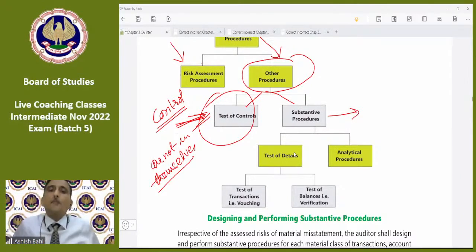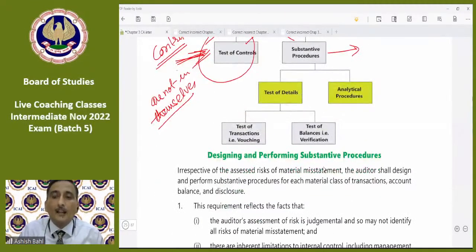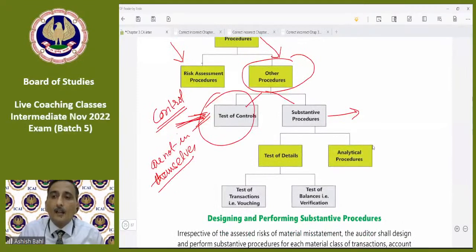So substantive procedures are also not sufficient to assess the risk of material misstatement at the assertion level. Both are performed by the auditor, tests of control and substantive procedures.